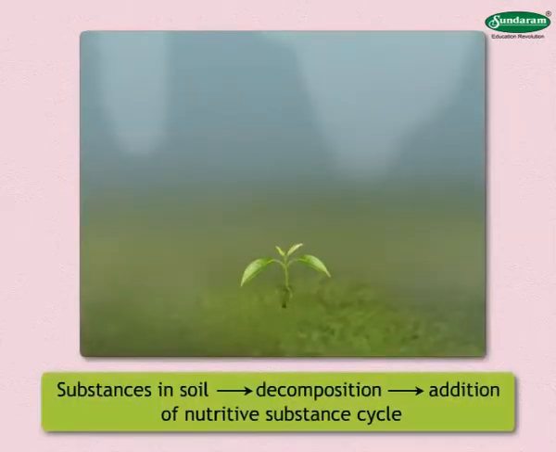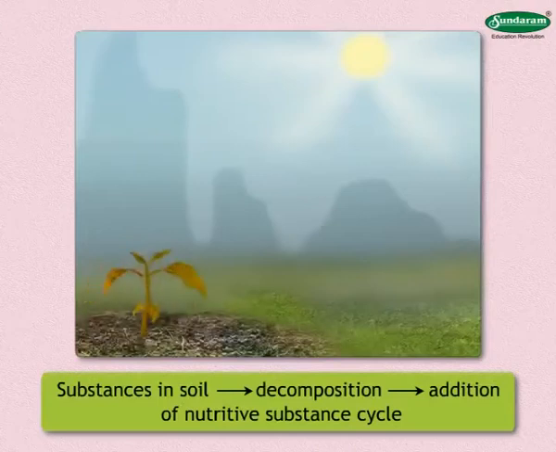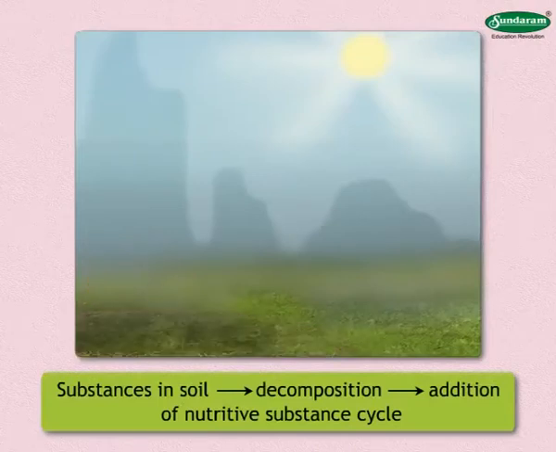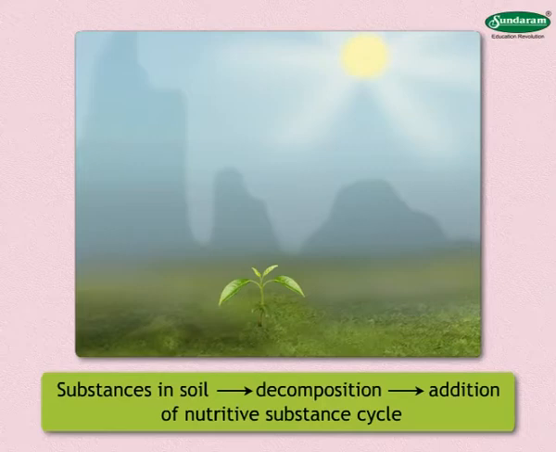The growth of plants using substances in the soil and the continuous addition of the nutritive substances to soil due to the decomposition of the remains of plants is another important cycle in nature.